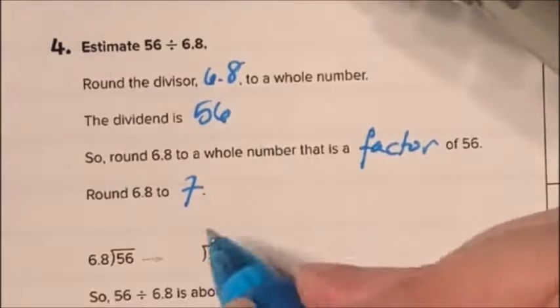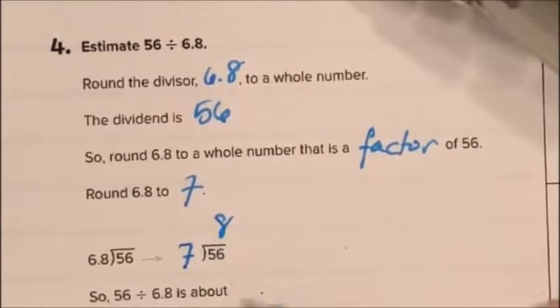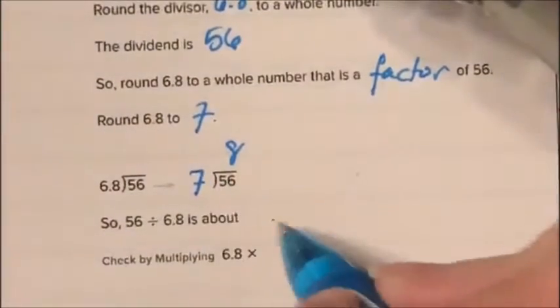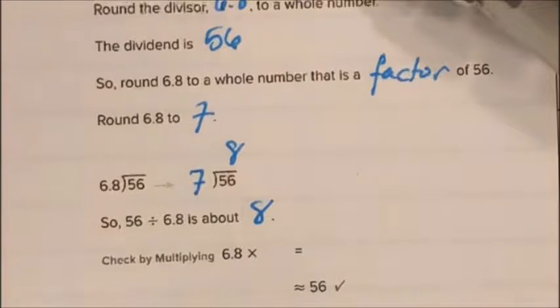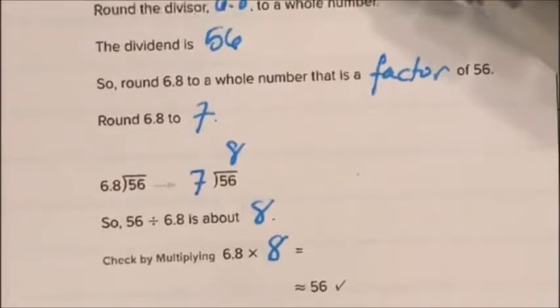So 56 divided by 6.8 is 56 divided by 7, which is 8. So 56 divided by 6.8 is about 8. Okay, I can check by multiplying. 6.8 times 8, okay, I'll do the multiplication down here. 6.8 times 8. 8 times 8 is 64. 8 times 6 is 48.